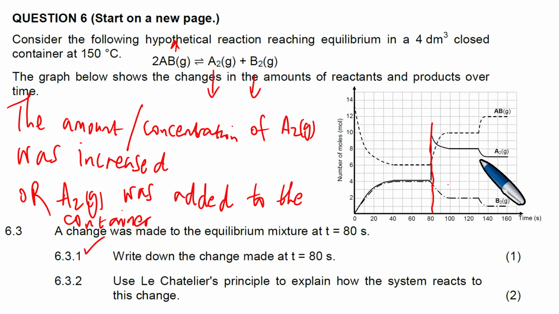We are seeing a sudden decrease in the number of moles of the products. That can be justified by saying the amount or concentration of A2 was increased, or that A2 was added to the container. If it is added, then A2 will tend to decrease as the AB increases, to establish a new equilibrium.